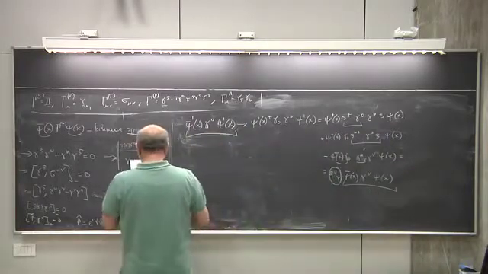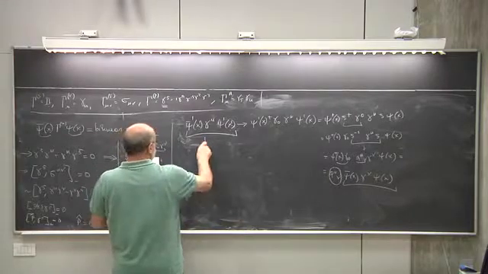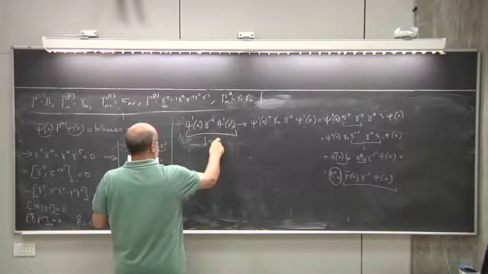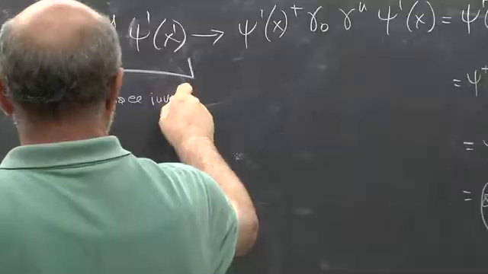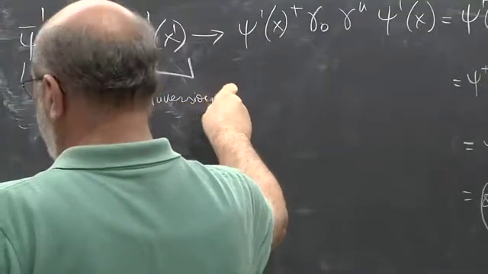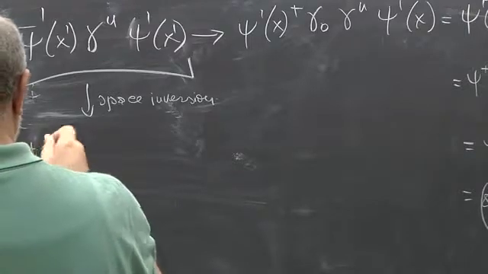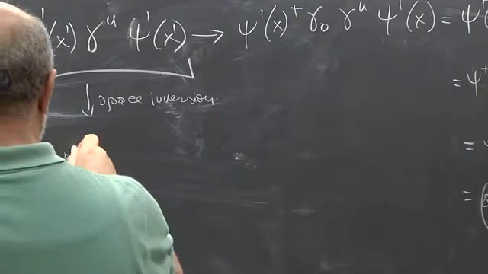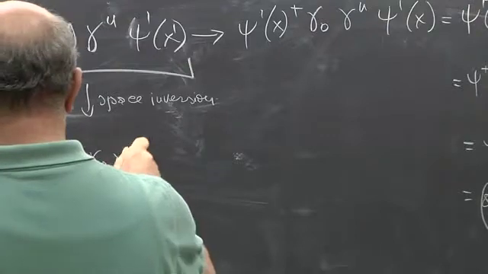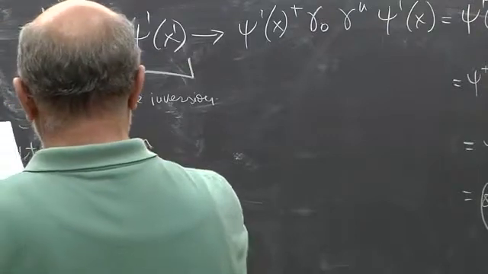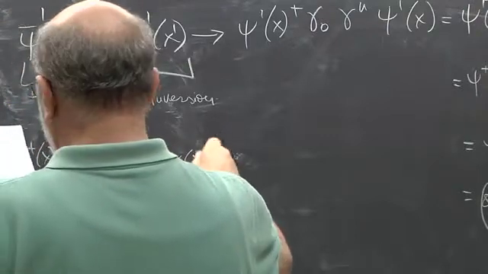Let's see how they transform under space inversion. Well, I will have psi dagger(x) P dagger gamma 0 gamma mu P psi of x.